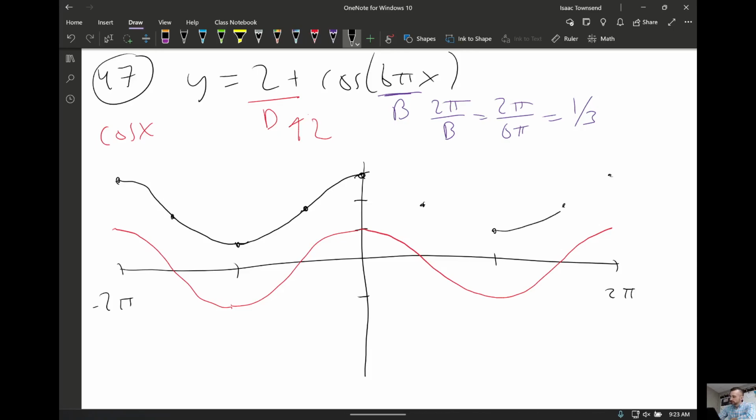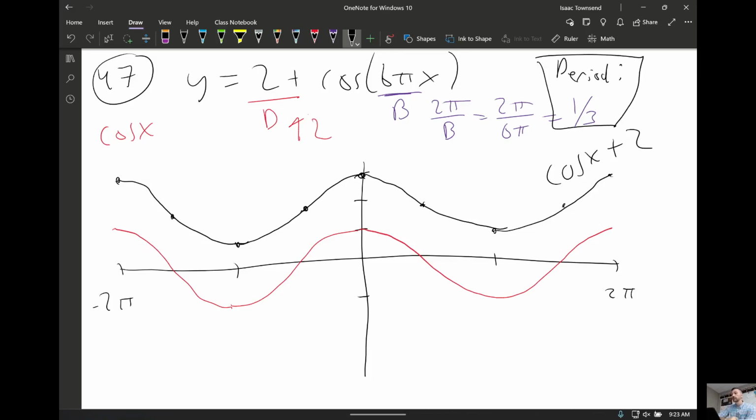Of course, this is a touch easier on graph paper, but this represents cosine x +2, and then because there's 6 pi in for b, that means that the period is 2 pi divided by that, so the period is supposed to be 1/3, and period is how often it's going to repeat itself.